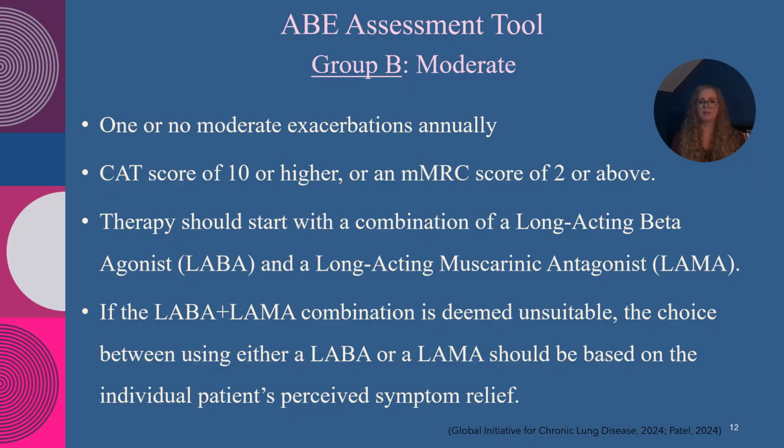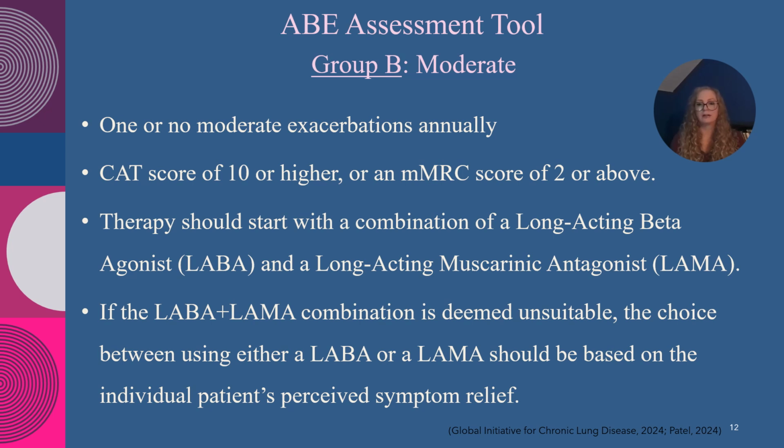You've gotten that complete history on the patient and you're utilizing the ABE assessment tool. They've said that they've had 1 or no moderate exacerbations in the past year. They've taken the CAT score and the MRC score, and they've met the criteria for group B. So now we're going to start treatment. We're going to look at the treatment guidelines, and the GOLD standard, or the GOLD 2024, is to do a LABA and a LAMA.